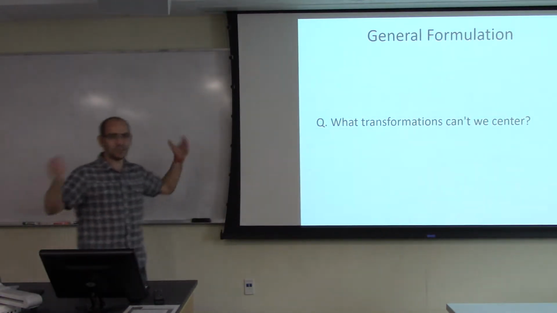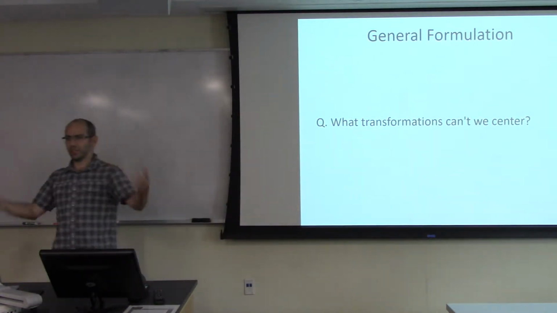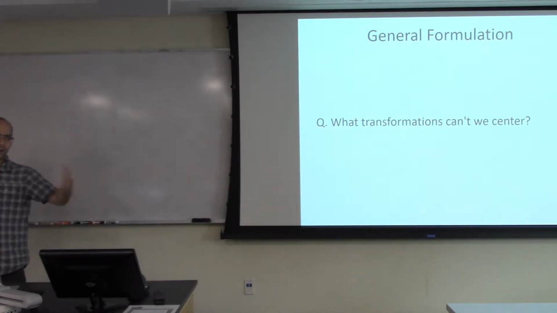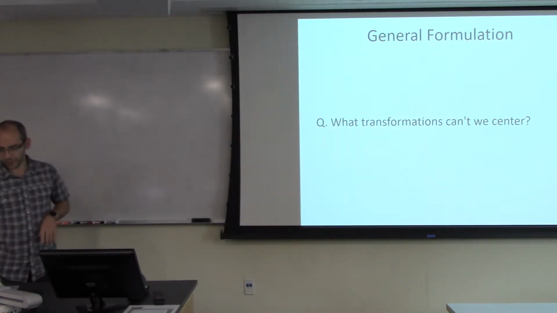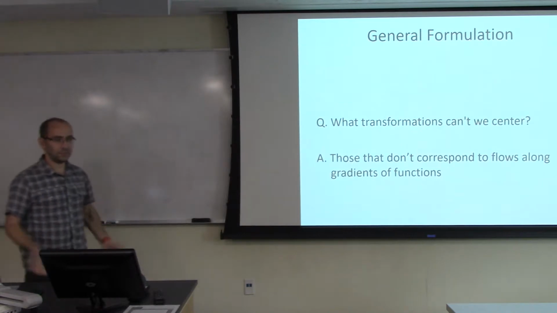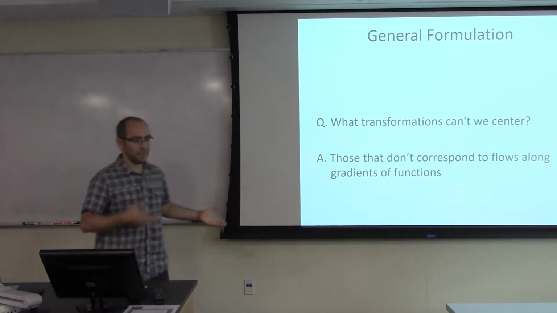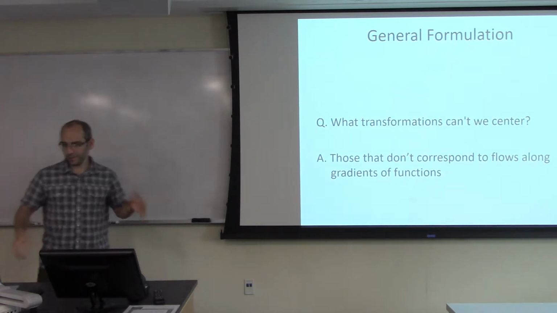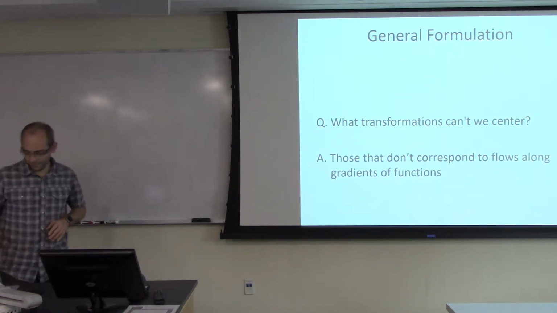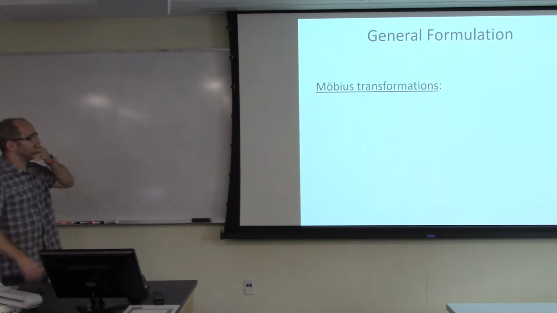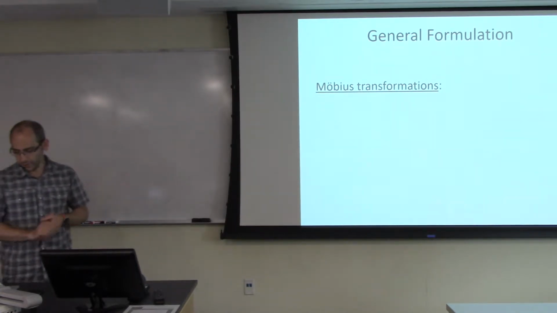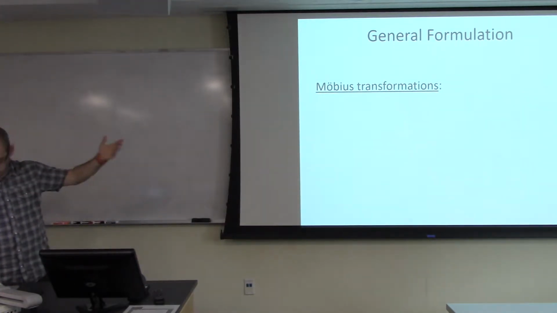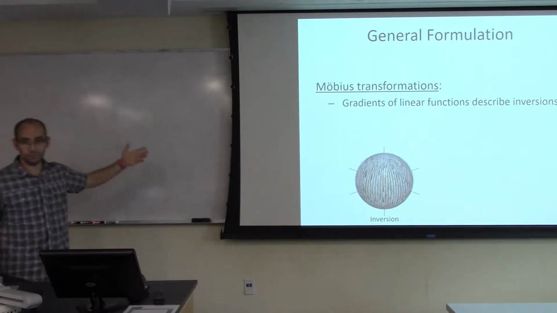All right, so we can center with respect to transformations that are characterized by gradients of functions in some function space. What can't we center for? Transformations that are characterized by things that are not gradients of functions in some function space. That's not interesting. But let's make this concrete. Let's take a look at Mobius transformations. To talk about Mobius transformations, we were looking at inversions.